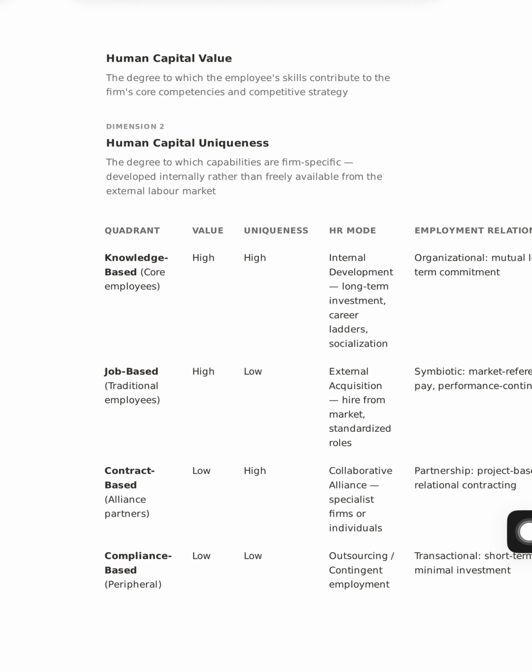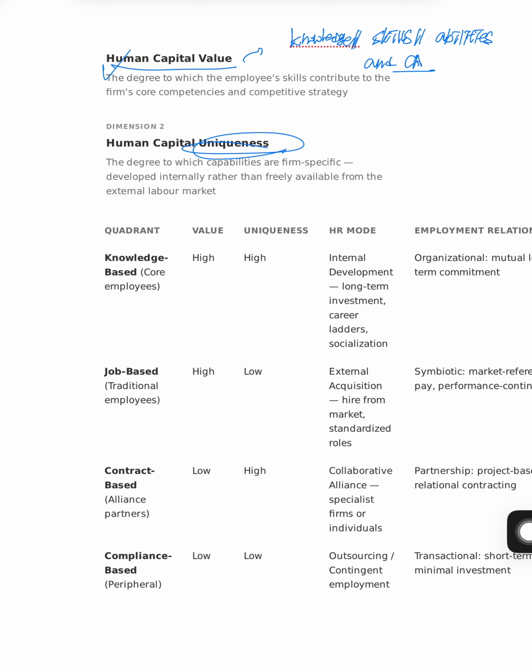So their framework classifies employees along two dimensions: human capital value, which means the degree to which an employee's knowledge, skills, and abilities contribute to the firm's core competencies and competitive advantage, and human capital uniqueness.